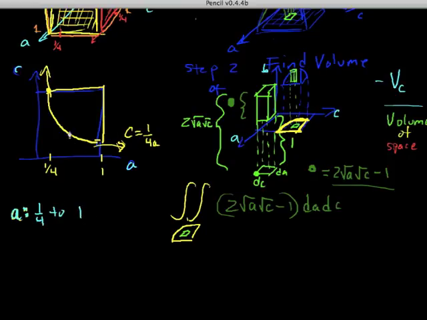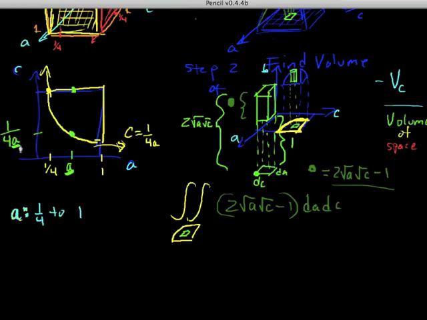Well, C really depends on A. So if we put an A right here, let's just call that A underline, it goes from this point right here in terms of A. C in terms of A is going to be 1 over 4a, whatever that number is right there.